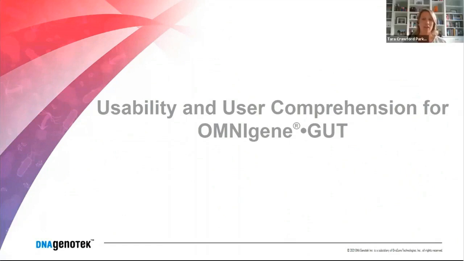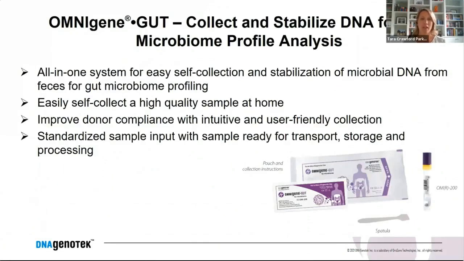As mentioned, today I will be discussing data that we have collected to evaluate the usability and user comprehension of the OmniGene Gut product. OmniGene Gut is our all-in-one system for easy self-collection and stabilization of microbial DNA from feces for gut microbiome profiling analysis.